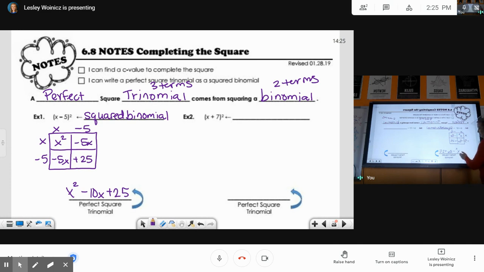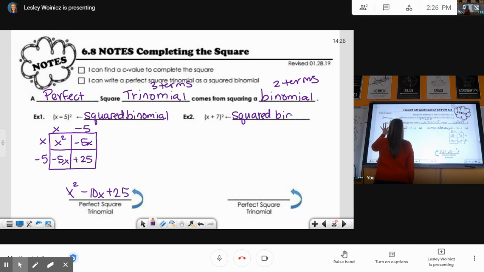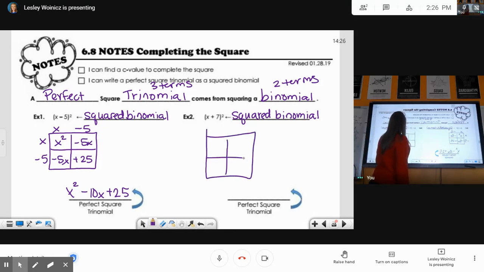Notice that my first term is a perfect square. My last term is a perfect square. It's got a perfect square in the front and a perfect square in the back. Okay? Let's do this one. This one is also a squared binomial. So, let's do it. I got x plus 7 times itself.